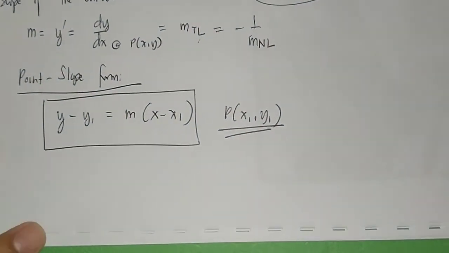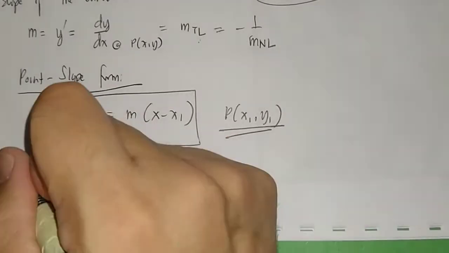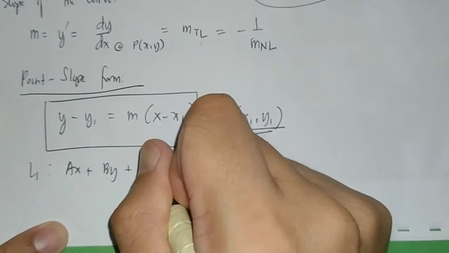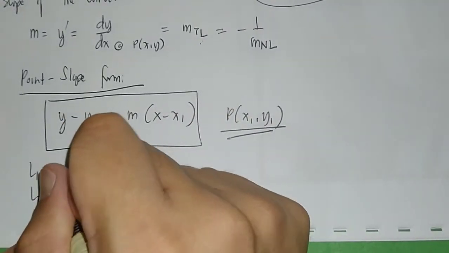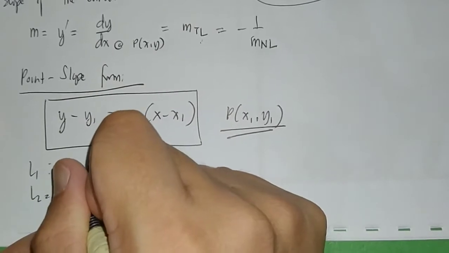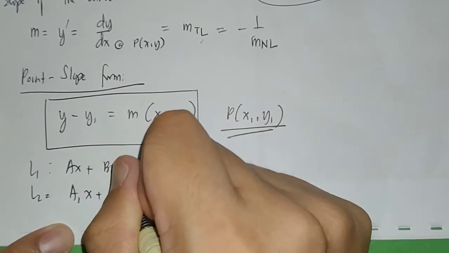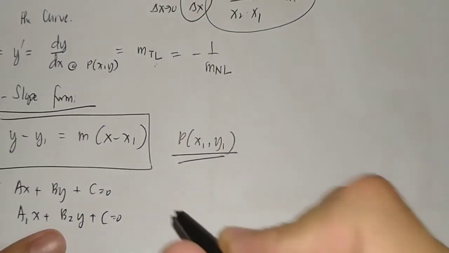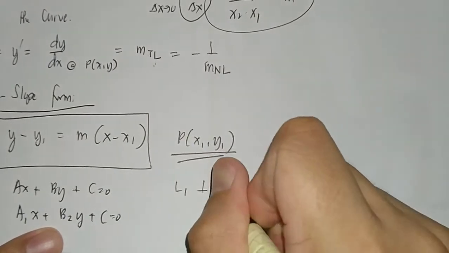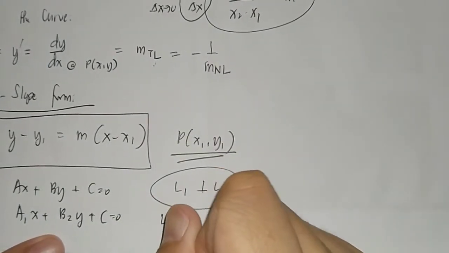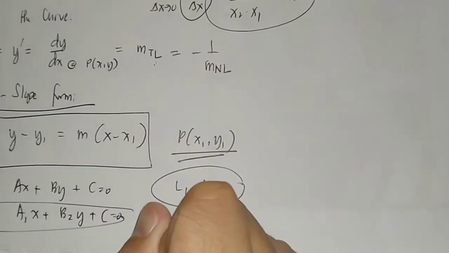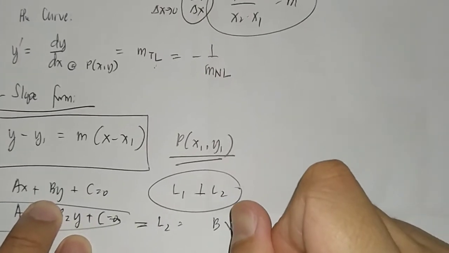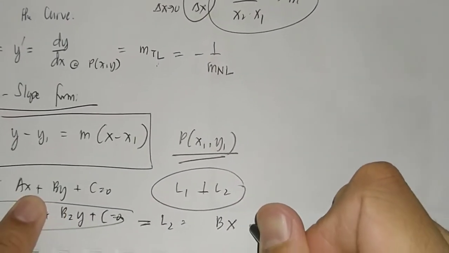We can also use the principle of perpendicular lines. If line 1 is ax plus by plus c is equal to 0, and line 2 is a1x plus b2y plus c is equal to 0, and line 1 is perpendicular to line 2, then line 2 is bx minus ay is equal to bx1 minus ay1.